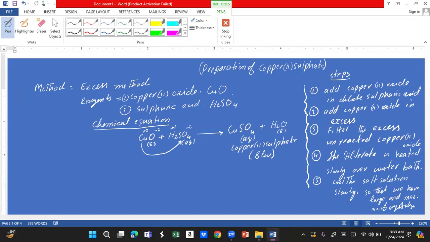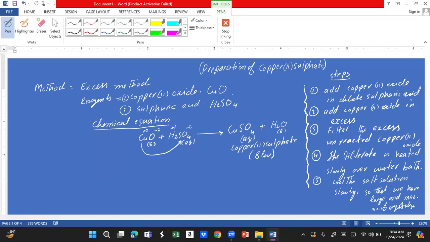The first reagent is copper(II) oxide, CuO, which is a black solid. Then sulfuric acid. Then we make the chemical equation: copper(II) oxide reacts with sulfuric acid to produce copper(II) sulfate and water as a byproduct.